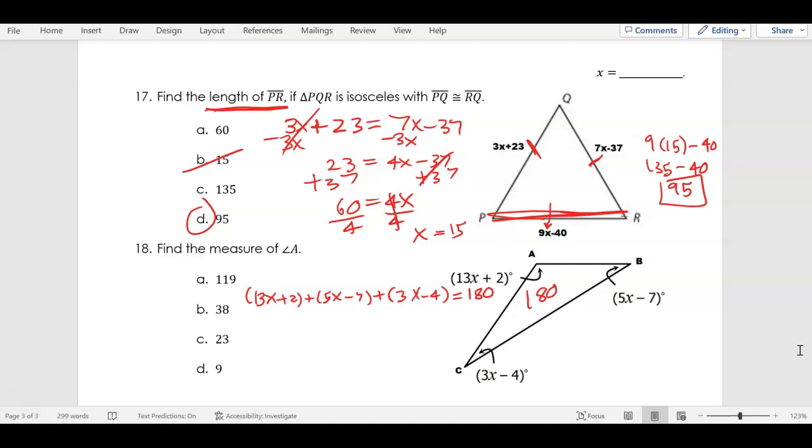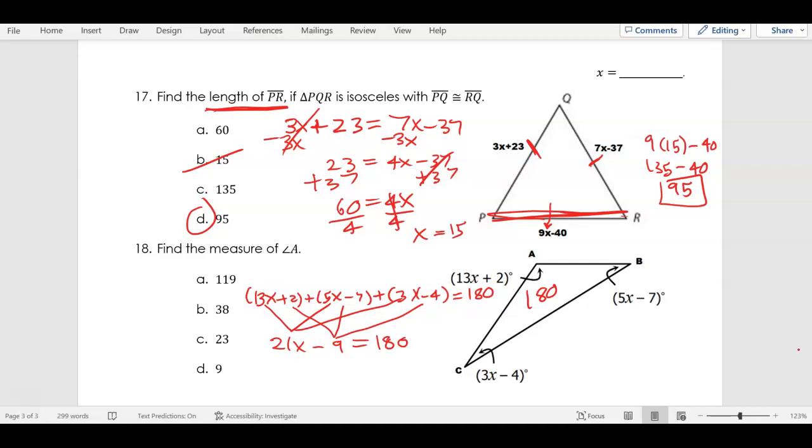And then let's combine like terms. 13 plus 5 plus 3 is 21x. 2 minus 7 minus 4 is negative 9. Bring down equals 180.